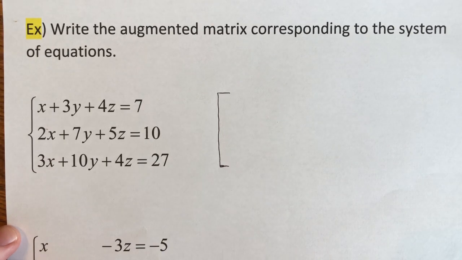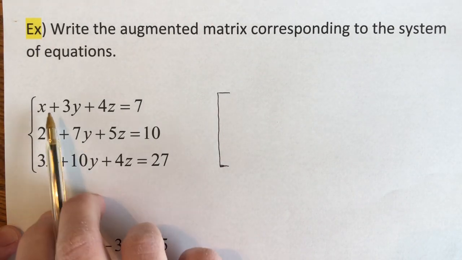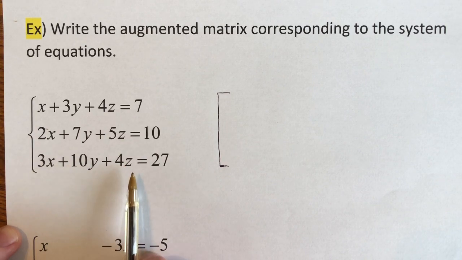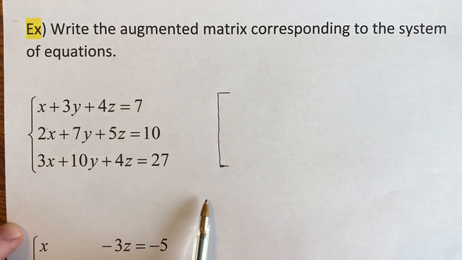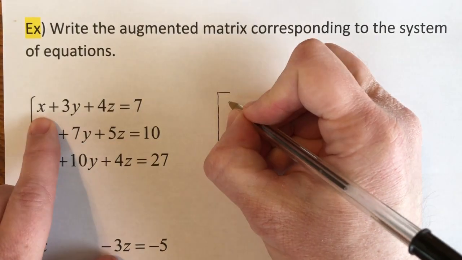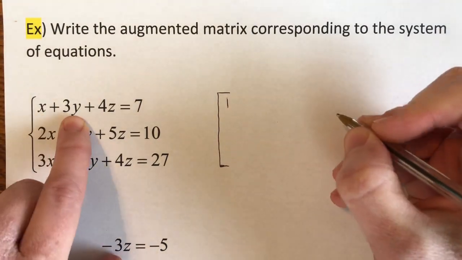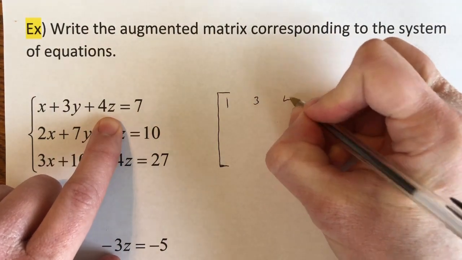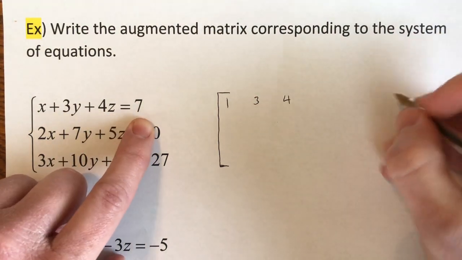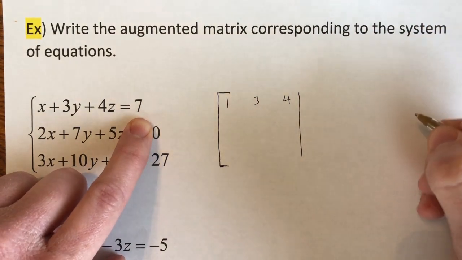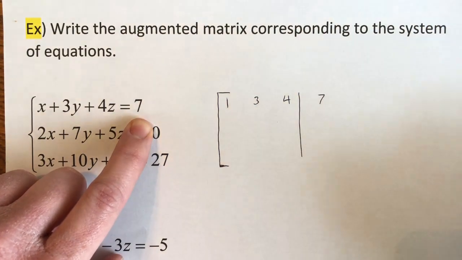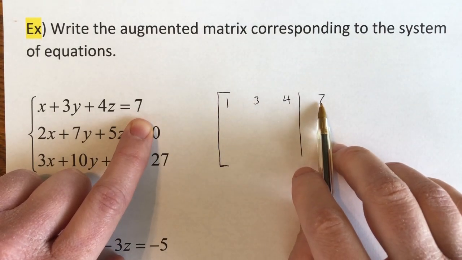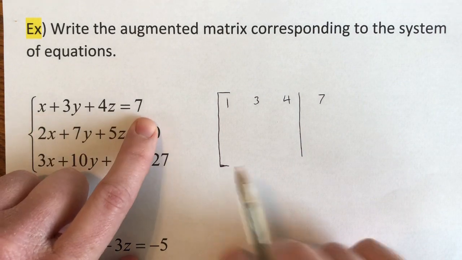So for this first one, we're looking at the coefficient matrix and then the column of constants matrix. All right, so 1, because it's 1x, then 3, because it's 3y, and then 4, because it's 4z. And then we're going to put a dividing bar there, and then we're going to put the 7. So this is your first row of your new augmented matrix based on this linear equation.